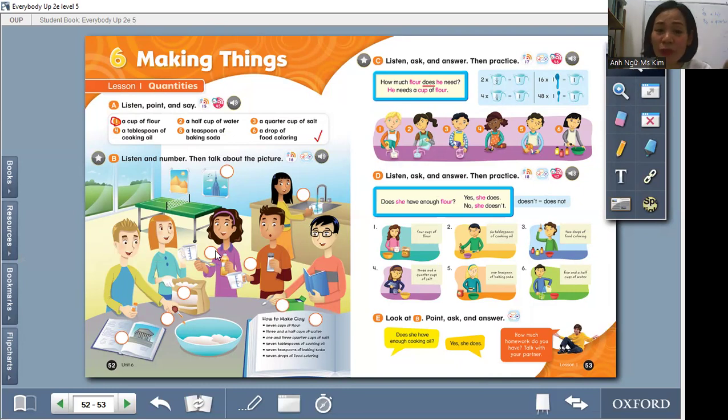Next time, review the quantities again. When you meet every time, remember to review for them. For example, I am at lesson 2, but I always go back to lesson 1 to review for them, maybe 30 minutes as a whole class.